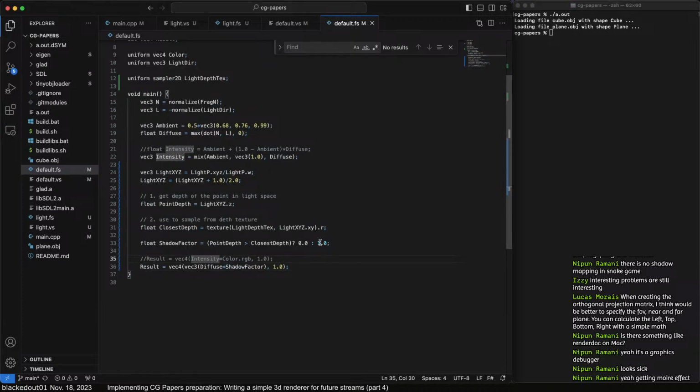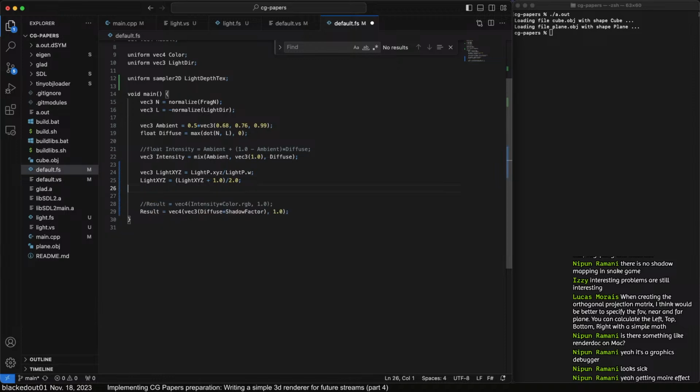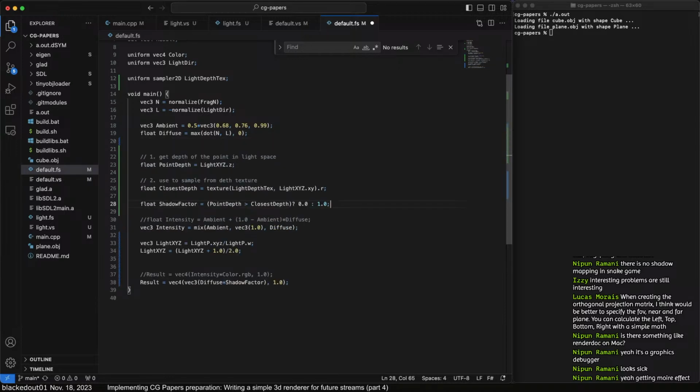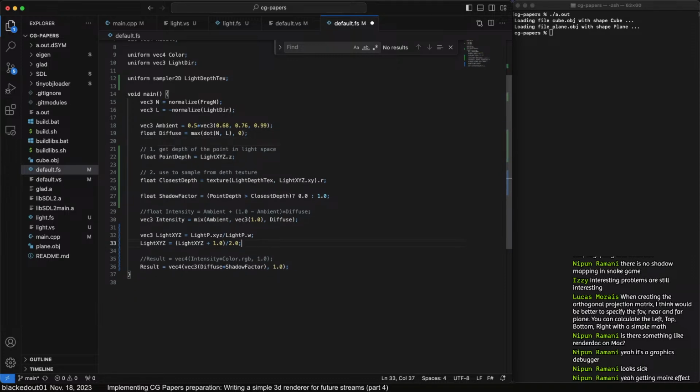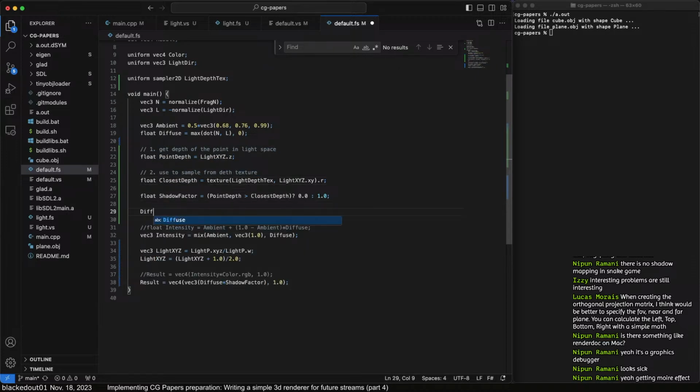So what we can do basically is, if we move this up here, we can just multiply the diffuse factor with the shadow factor. And this way it gets directly multiplied like here. And now we can use the actual intensity like previously.